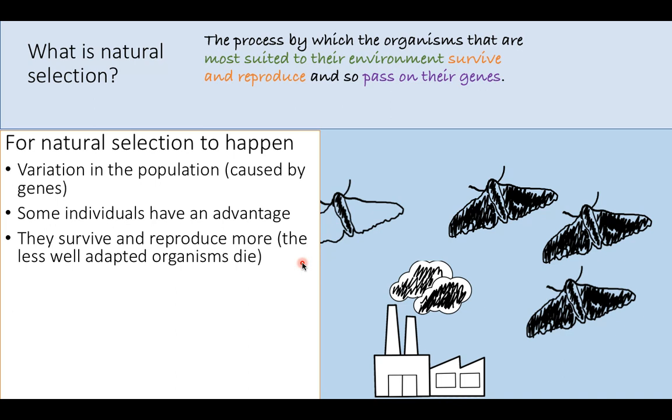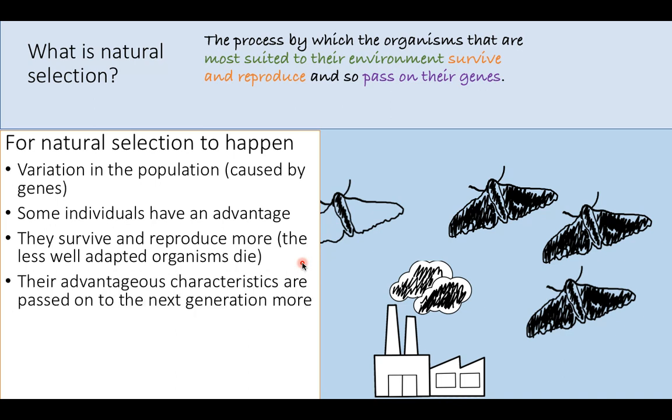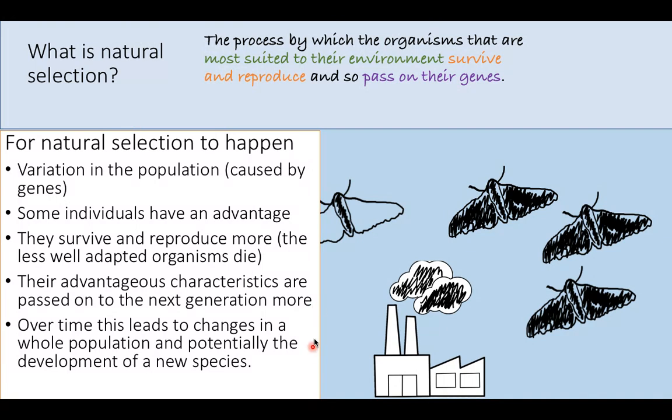That's survival of the fittest. And so the ones that survive, that advantageous characteristic is able to be passed on to the next generation more than the less advantaged characteristics. And over time, this leads to changes in a whole population and potentially the development of a brand new species.